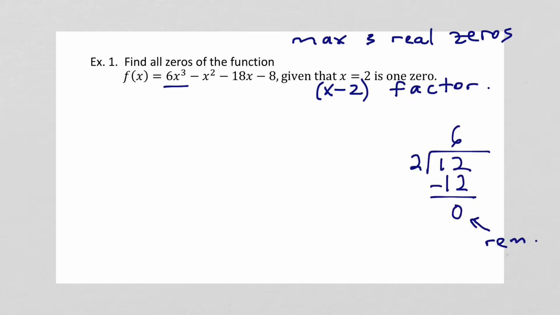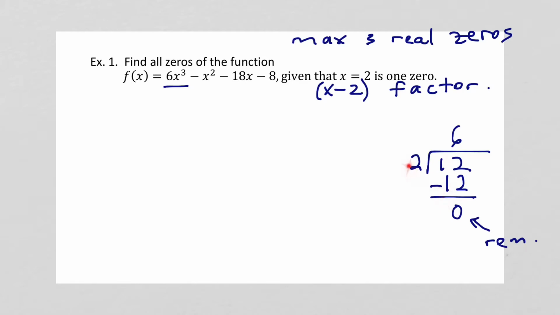Now let's think about a number problem so we can understand what we're going to do next. If I'm told that 2 is a factor of 12, and I divide 12 by 2, I'm going to get a 0 remainder because 2 divides into 12 evenly.